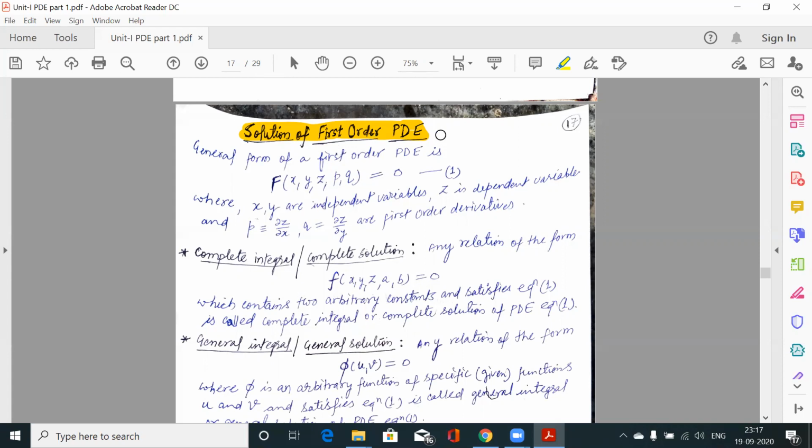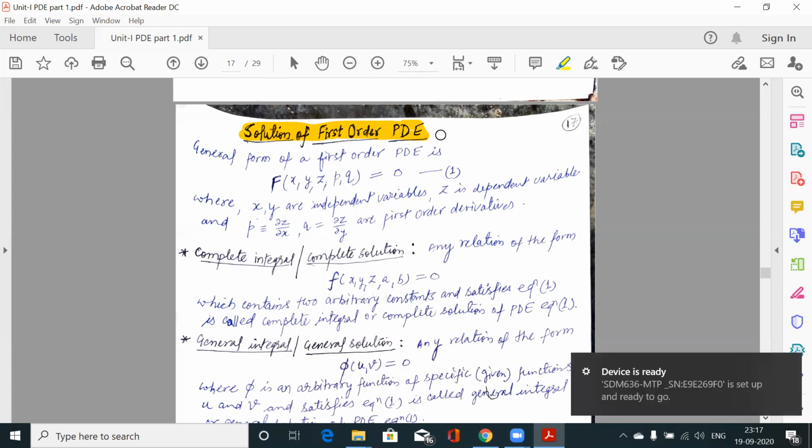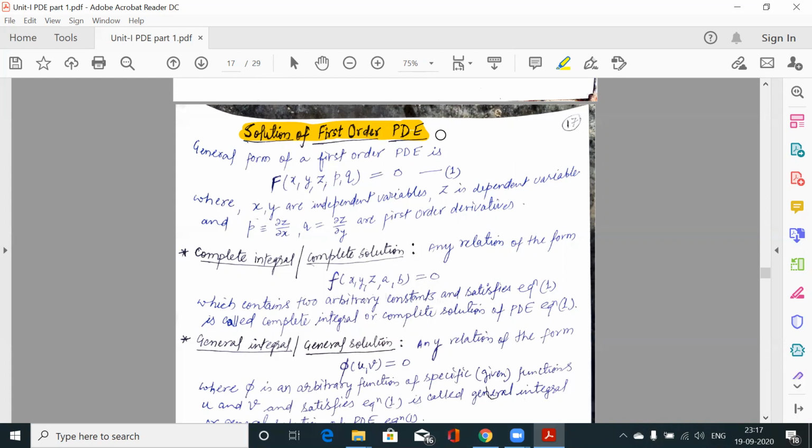In our first type, the PDE is of first order, which means in this topic we have to solve the first order PDE. The degree may be anything, it may be a first degree PDE or a higher degree PDE.